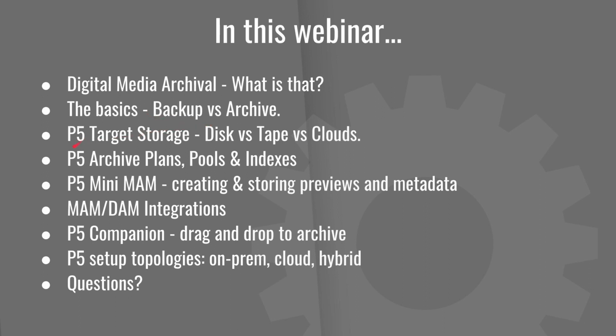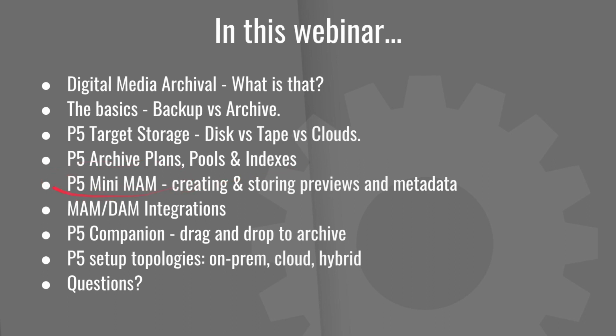We'll look at the way that P5 handles storage, because obviously a big part of archiving is where you are going to put all those hundreds of terabytes of movies and audio files and so on. So the options there. Then the way that's configured in terms of specifics within P5: plans, pools, and indexes. We're going to look at what those are, how they fit together, how you use them, plus looking a little bit at the P5 interface.